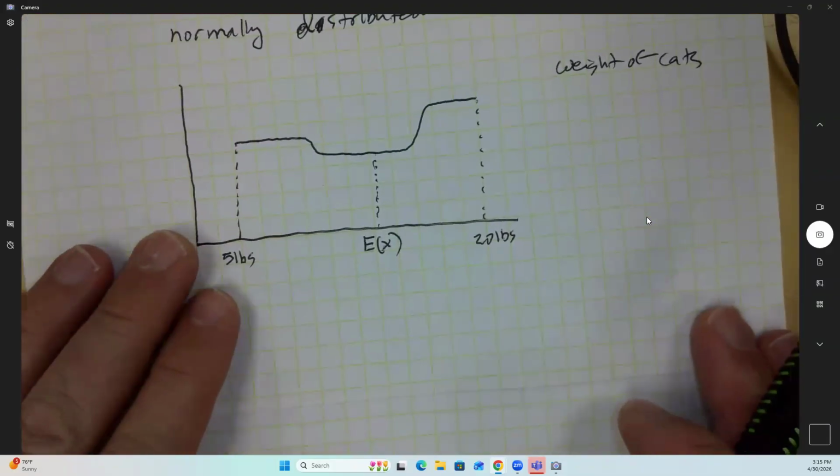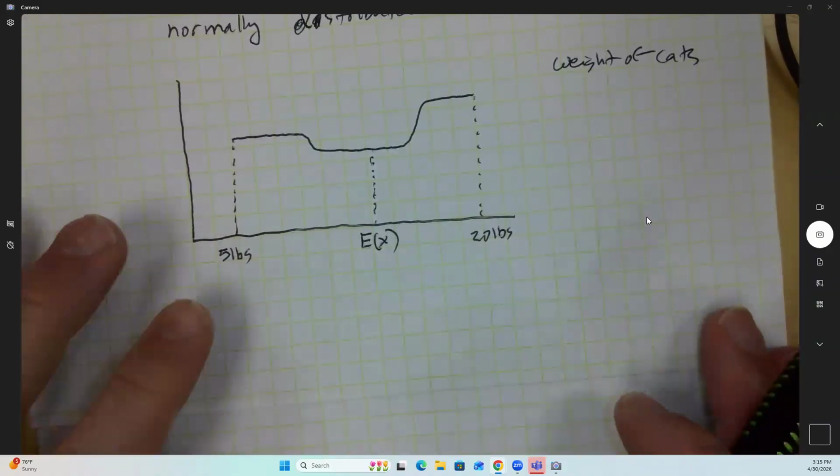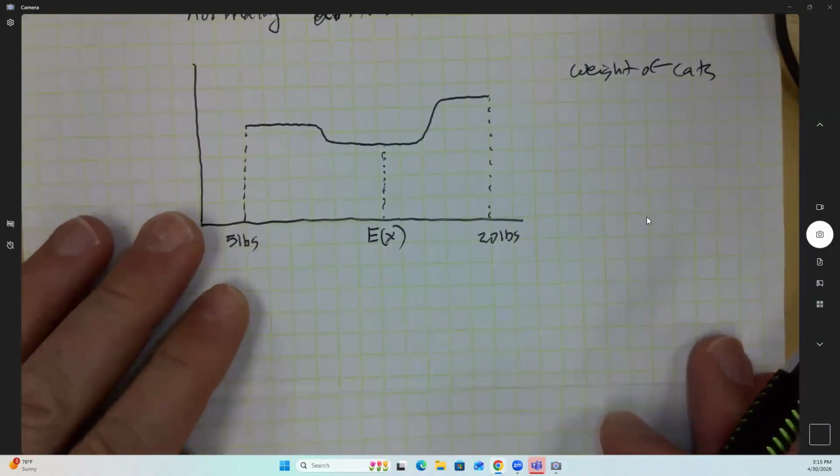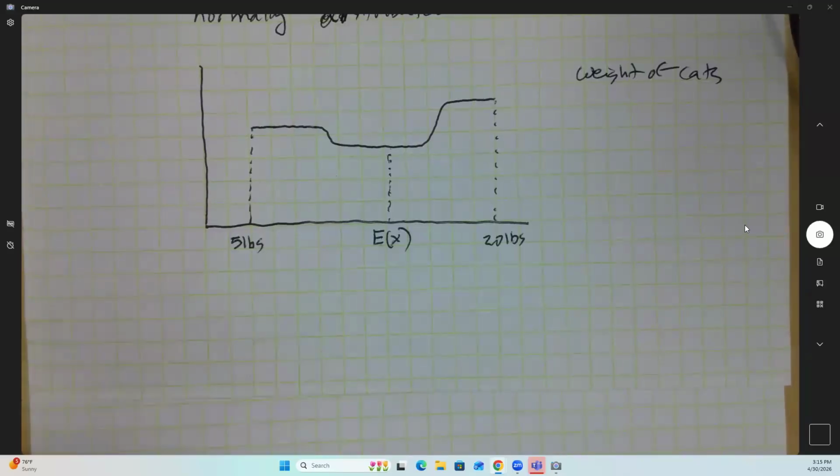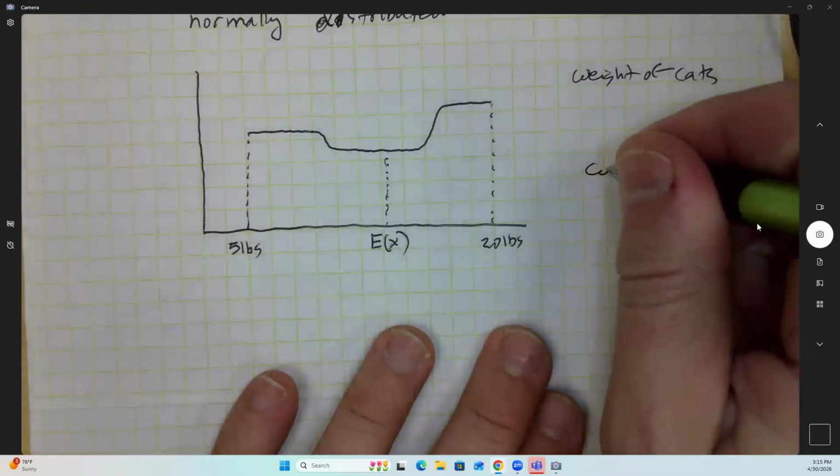So if you're trying to understand the distribution of cats and their weights, the tools with this probability distribution aren't very useful. But what's one simple thing we can do in statistics to get a better understanding of the system? Exactly. So let's collect more data.